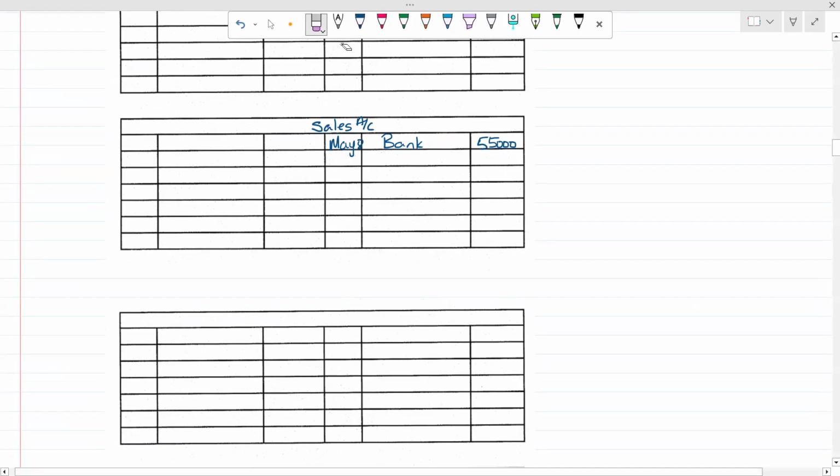Right? Bank is the word that we use, not banked. Good so far?